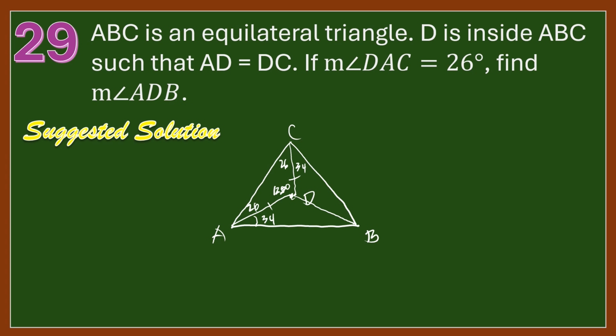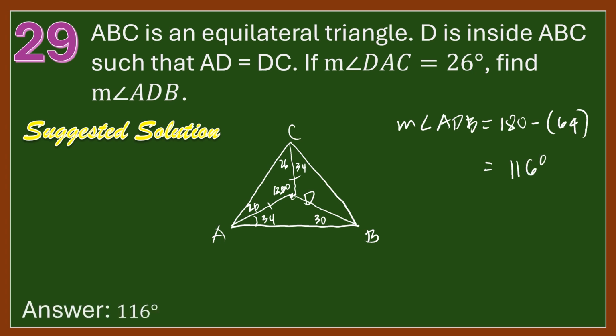Hence, angle ABD is 30 degrees. So to get the measure of angle ADB, this is equal to 180 minus 34 plus 30, that is 64. Hence, angle ADB is 116 degrees.